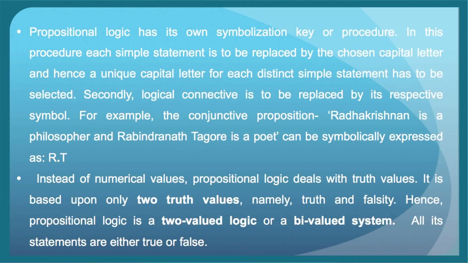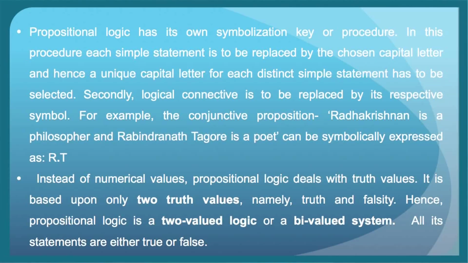For example, the conjunctive function, that means and. Whenever we use and, it is called a conjunctive function. Let me give you an example of how we use it. Suppose we take a statement: Radhakrishnan is a philosopher and Rabindranath Tagore is a poet.